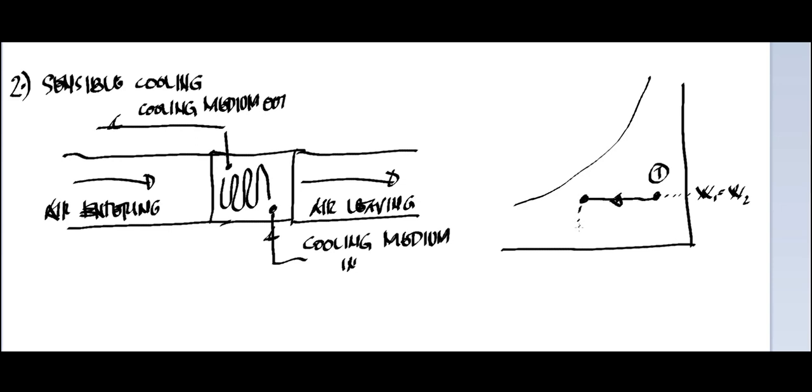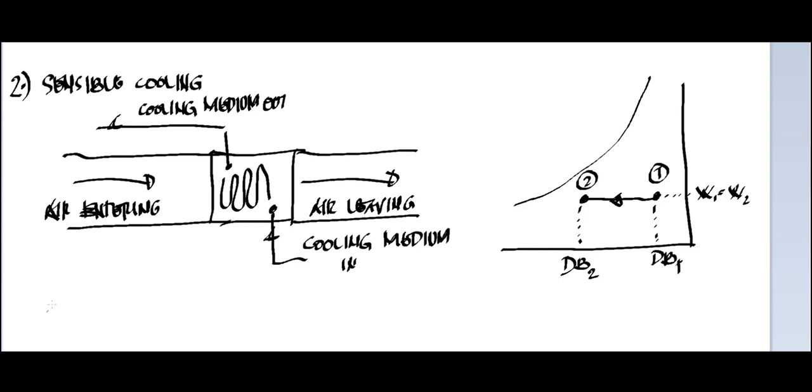Okay. Then we have your dry bulb. This is point 2 now. So dry bulb 2, and we have your dry bulb 1. So it is a reverse compared to the sensible heating.